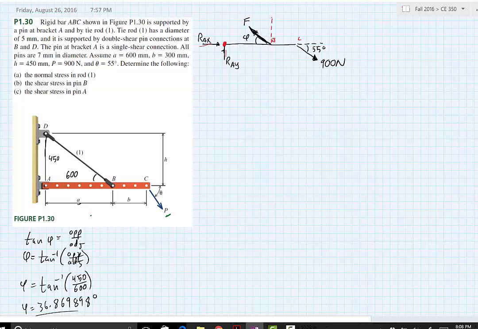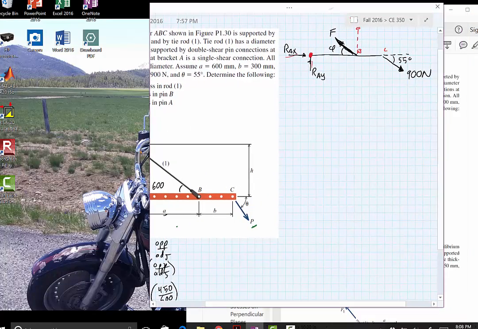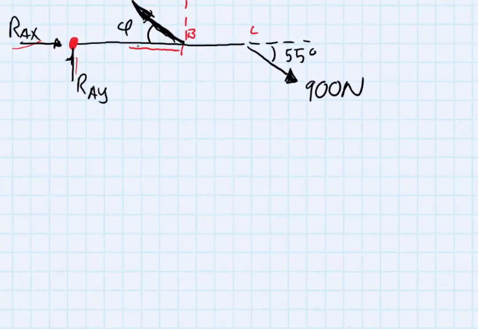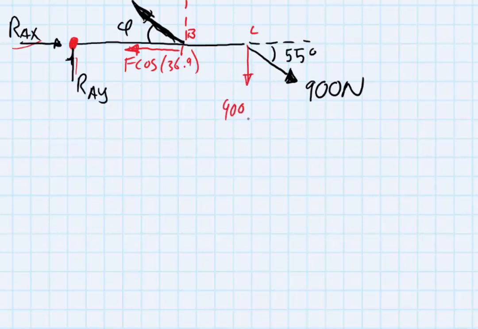There's a vertical force here, so it's F sine of 36.9 degrees, and then there's a horizontal force going this way of F cosine of 36.9. Then there's a vertical force here of 900 sine of 55, and a horizontal here of 900 cosine of 55.